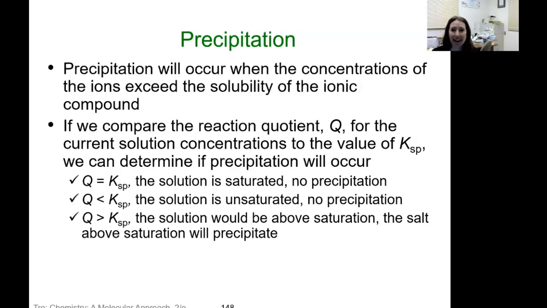K means at equilibrium. Remember we developed a way to figure out if it was going to shift towards the products, reactants, or be at equilibrium. If Q equals K, we're at equilibrium. That's a saturated solution. It will not precipitate. If Q is less than K, the solution is unsaturated. That means it's going to go towards the products.